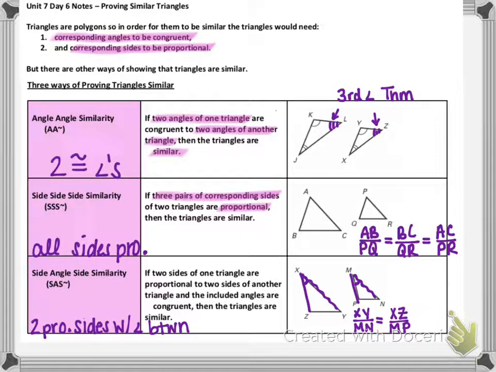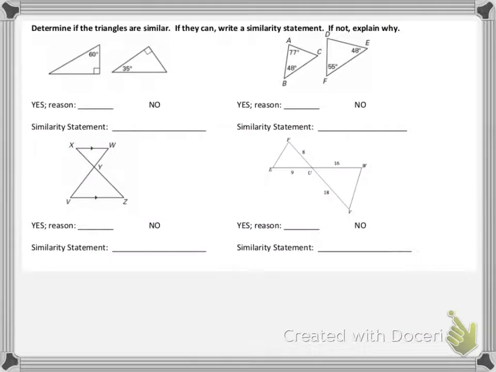Alright, so now we're going to go through and decide, are these triangles similar or not? So, on this first one, all they gave us were some angles. So first of all, we know that this angle right here and this angle right here are congruent to each other since they're both 90 degrees. So what we're going to have to do is find out what's this other angle right here. So all my angles in a triangle add up to 180.